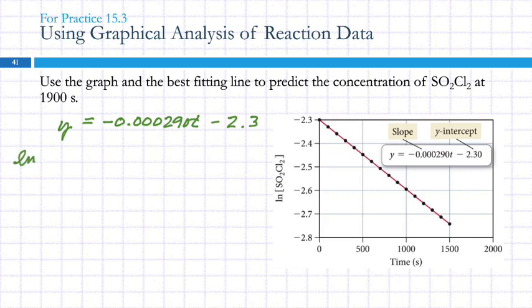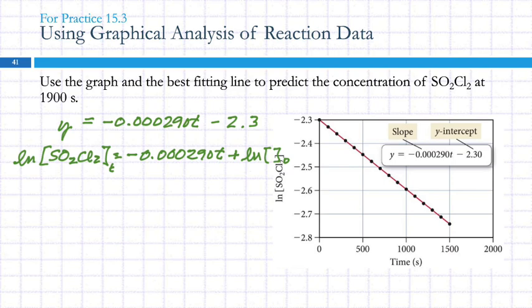Y is the natural log of SO2Cl2. The slope and the intercept is the natural log. Well, let's see, this is the concentration at time t. And this is the natural log of the concentration at 0.